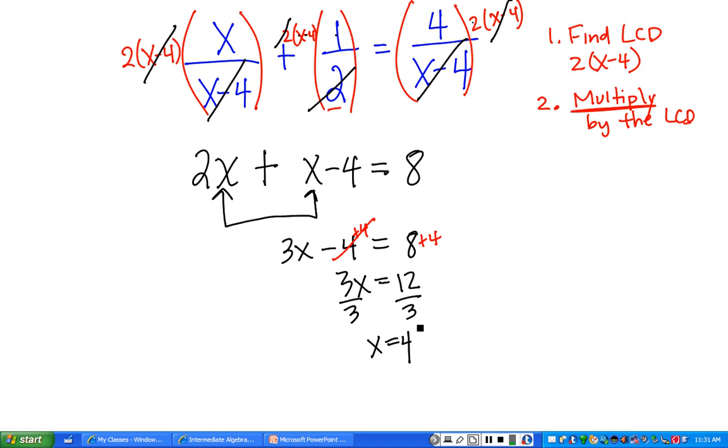The only step we need to do now is make sure that we can plug a 4 into our denominators. So notice that if we plug a 4 into our denominators, we'll get a 4 minus 4 is 0. So we're dividing by 0. That does not work. So the answer for this particular problem is no solution.